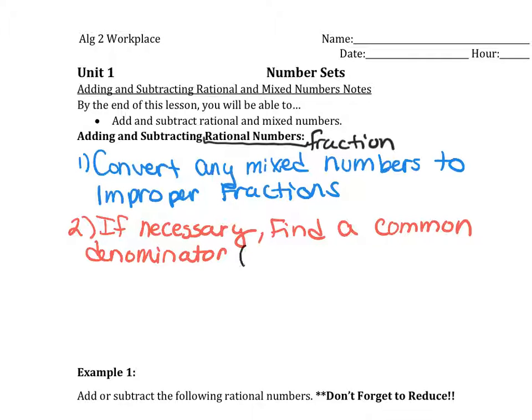And a common denominator would just be a number that both denominators can go into.